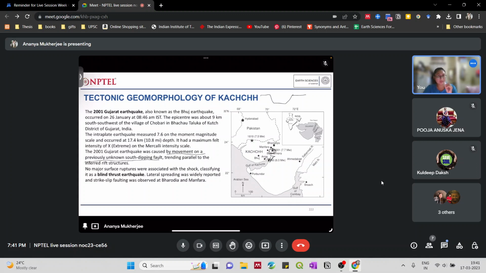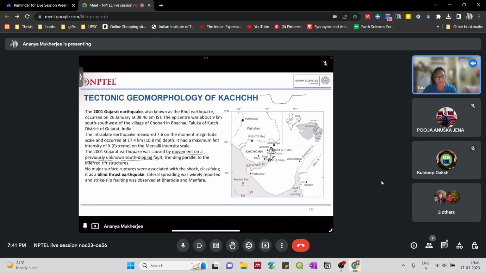It was an unknown fault. We did not see it. There were no traces of it studied before or even observed on the surface before. Even after the earthquake, there was no major surface rupture associated with the displacement that might have occurred along that fault.